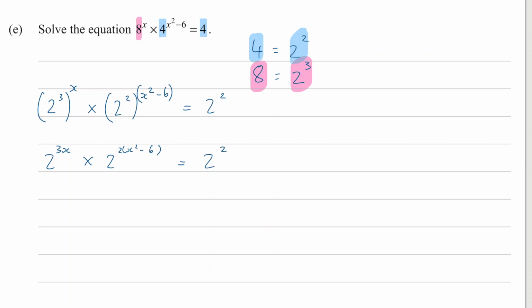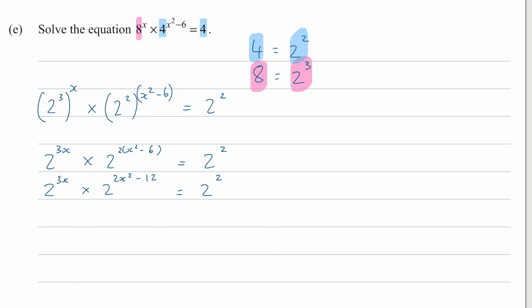Okay, we could expand this power out. So 2 to the power of 2x squared minus 12. When we multiply powers of the same base, for example, x squared times x cubed, we can add the powers.